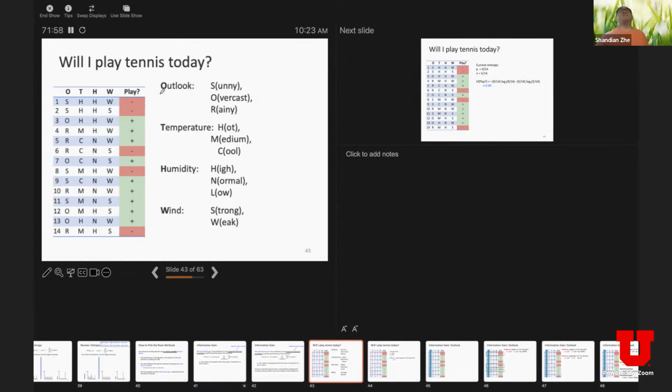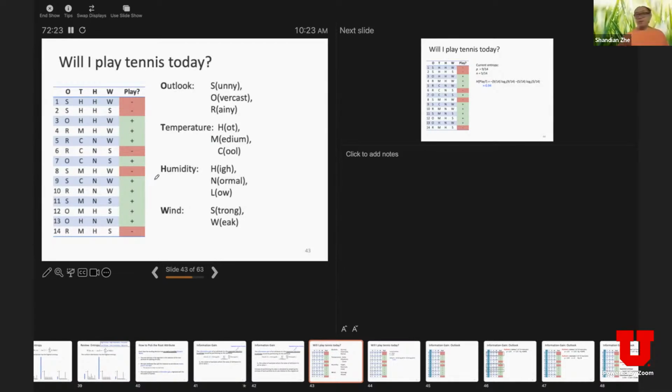How can we do that? We're going to compute the information gain for each attribute and pick the one that has the largest information gain, because the largest information gain means that using that attribute to split the data set, you get the best improvement of the label purity.